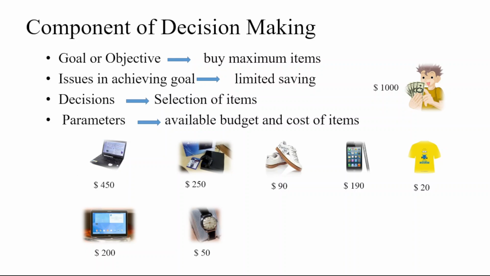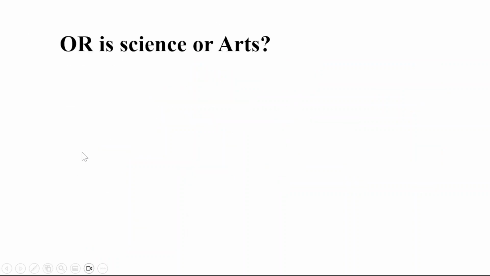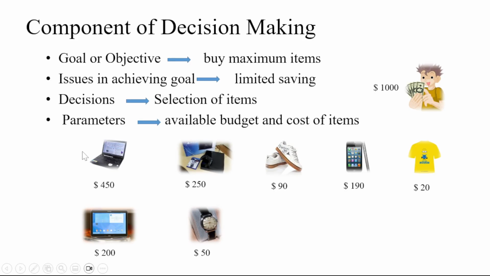So again, if you look at your pocket money, it is $1,000 and you have to buy multiple products. In this case, you cannot make a decision.